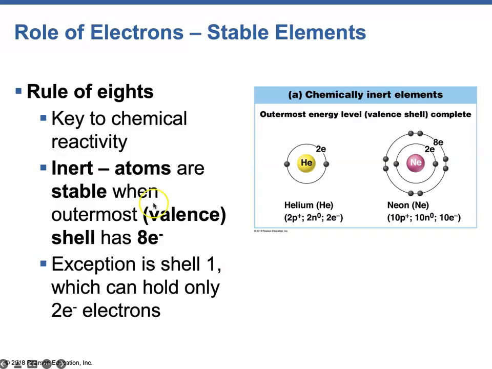When you think of an atom, what we call inert, that is an atom that is going to be stable when its outermost shell has 8 electrons. So when you look at neon, here's neon, its atomic number is 10. It has 10 protons, and then it has 10 electrons total on the outside. So you've got first 2 electrons in that first shell, which is what it wants.